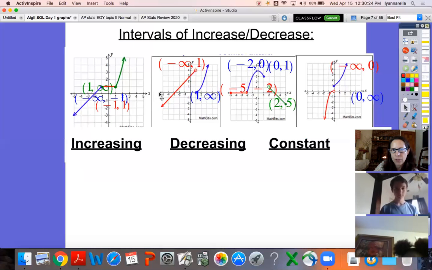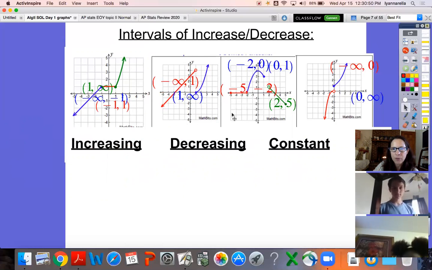What does your graph do as you go from the left to the right for this piece right here? Increasing. Good. The blue piece that goes from 1 to infinity on the x-axis, what is it doing here? Increasing. Good. So your graph has all increasing intervals.